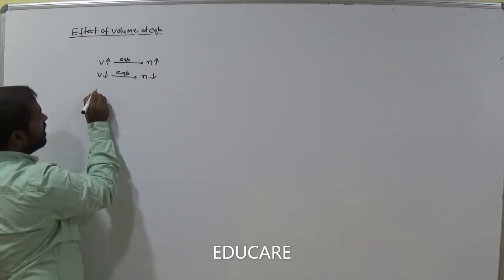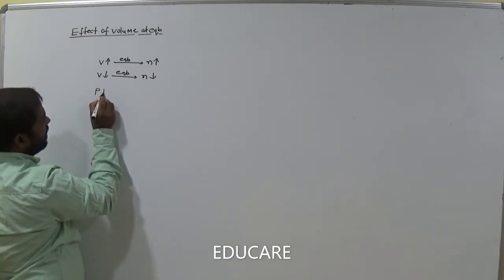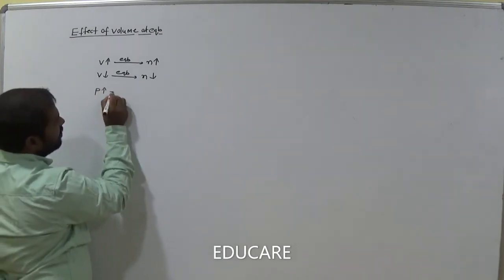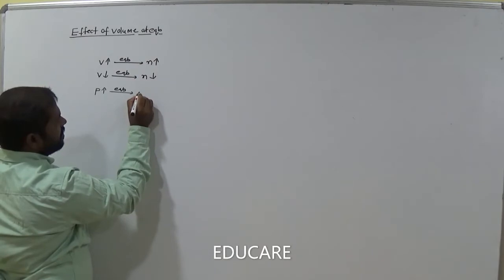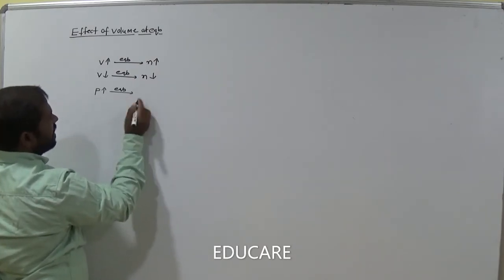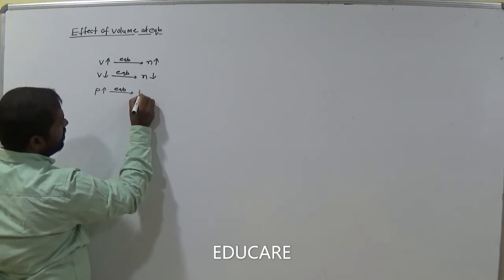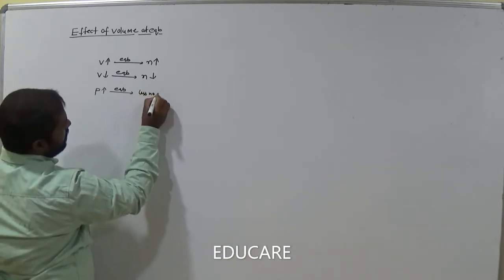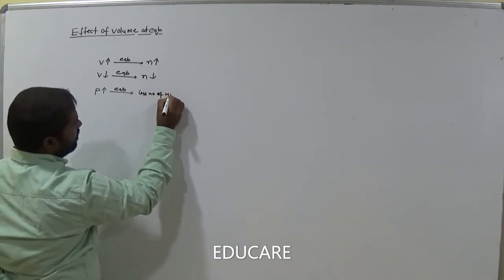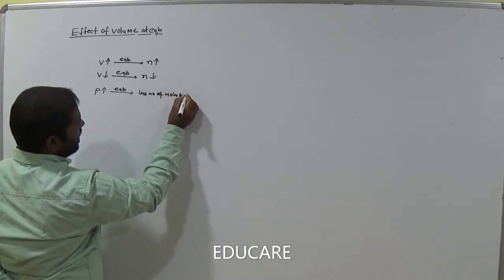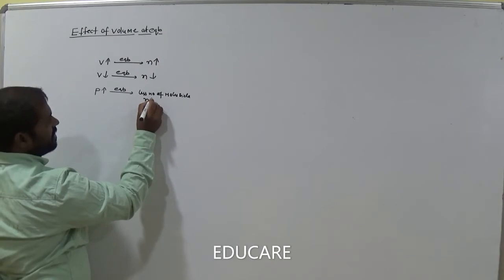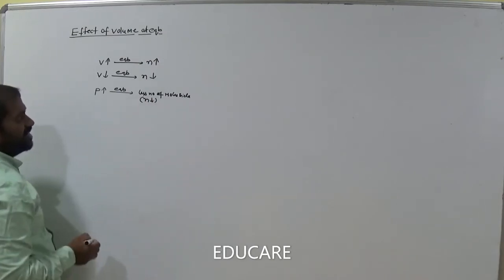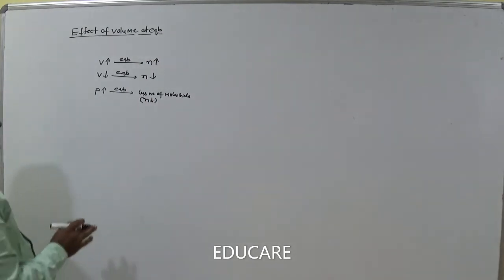If pressure is high, then the equilibrium position shifts towards the side with fewer moles.